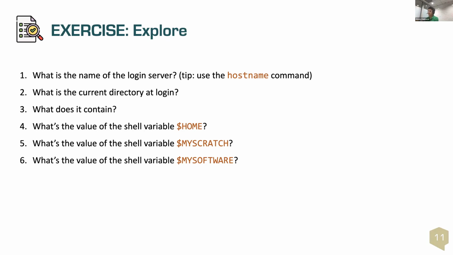So you can do, for example, a cd space home or cd space my scratch, or you can echo the variable. You can do echo dollar my scratch or my software, and that will give you the content of the variable. You always need to use the dollar when you want to display the content of the variable or to use it in a command.